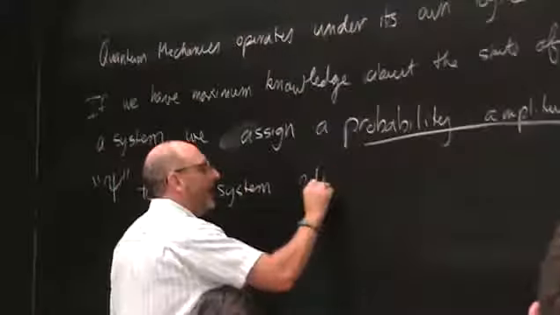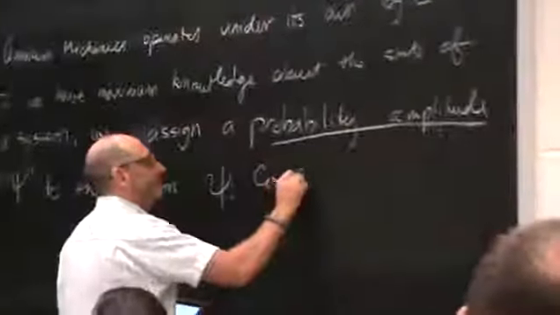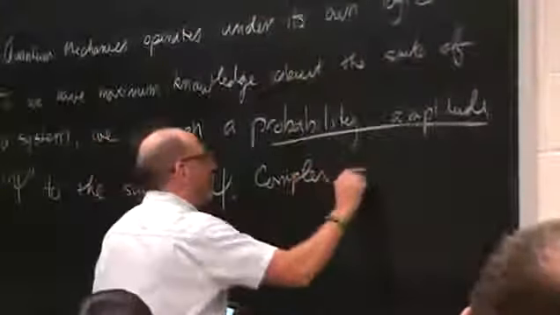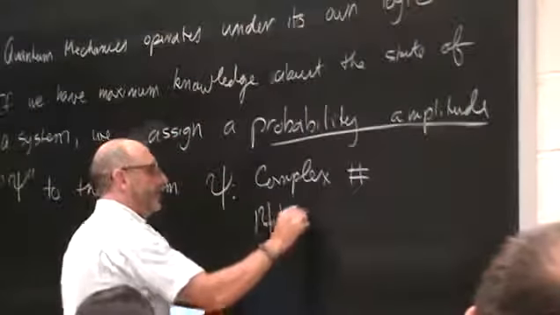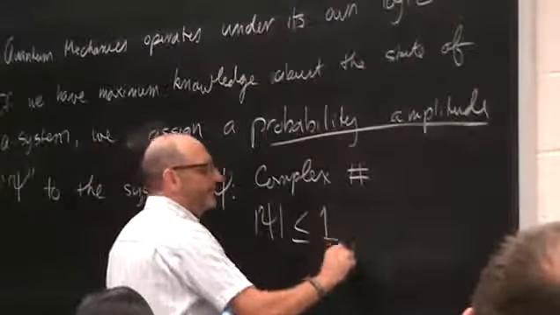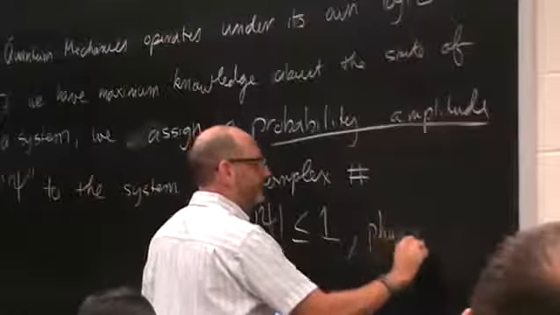And psi is a complex number. The magnitude of this is less than or equal to 1, and the phase is arbitrary.